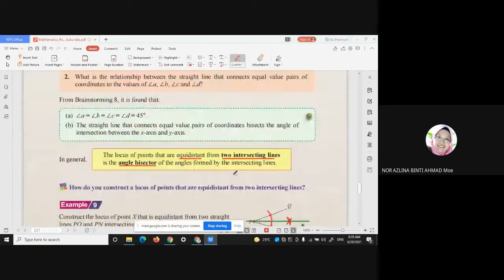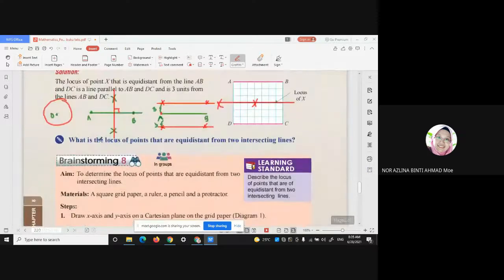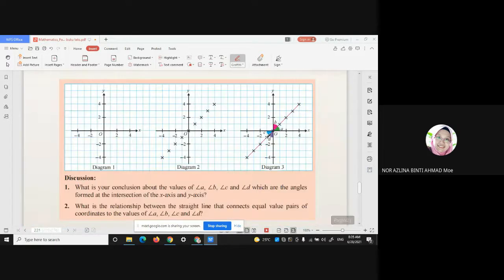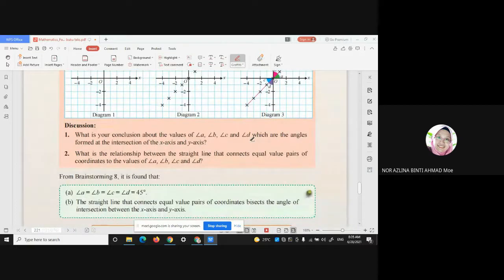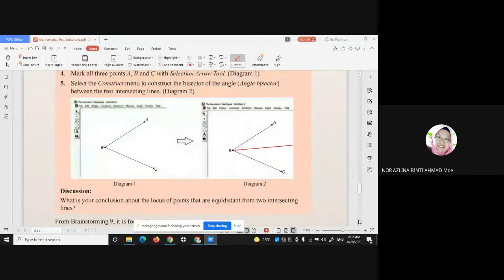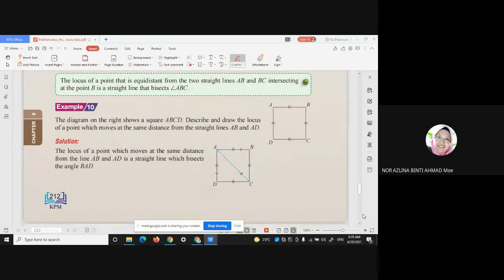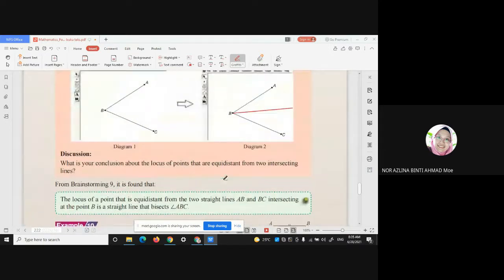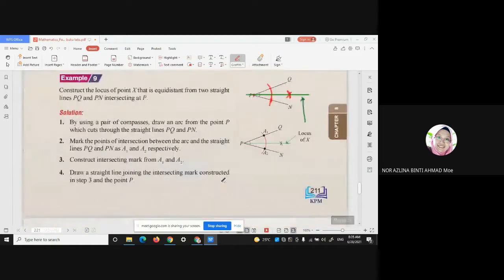So how many loci have you learned? 1, 2, 3, 4, and 5. Just now, in example 9, when we draw this angle bisector, it means this angle equals this angle.